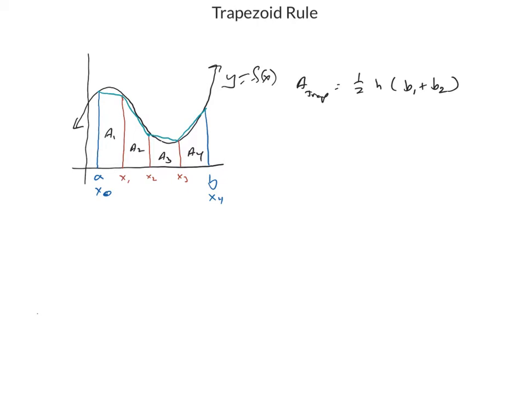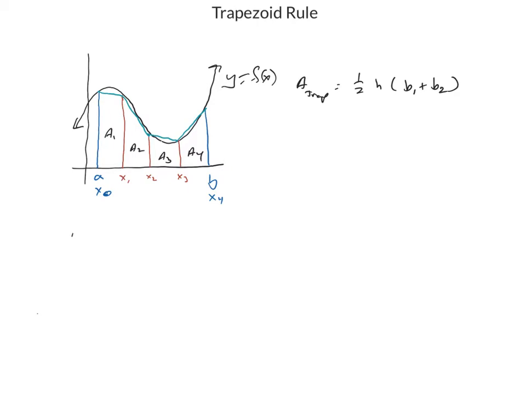So I've gone through, I've drawn in the lines, and then I've drawn in these light blue, greenish lines, and those represent the fourth side of the trapezoid. And so I can go through and calculate the area of each trapezoid.